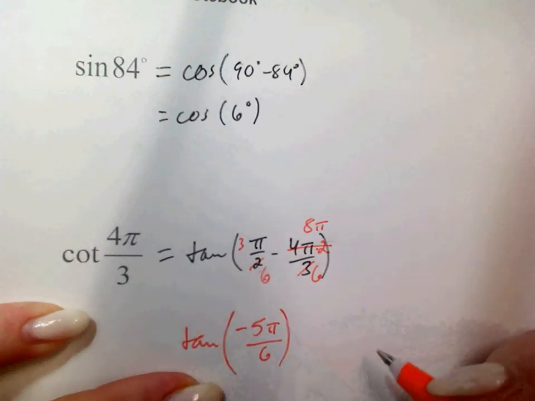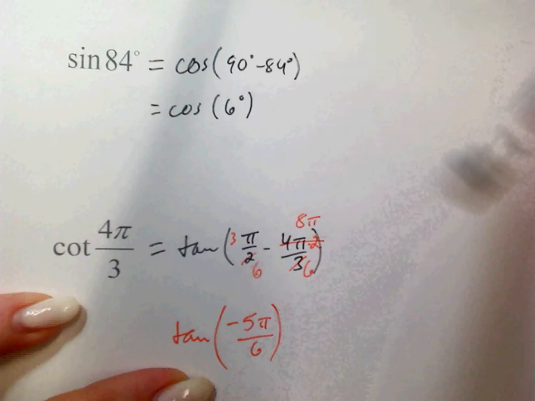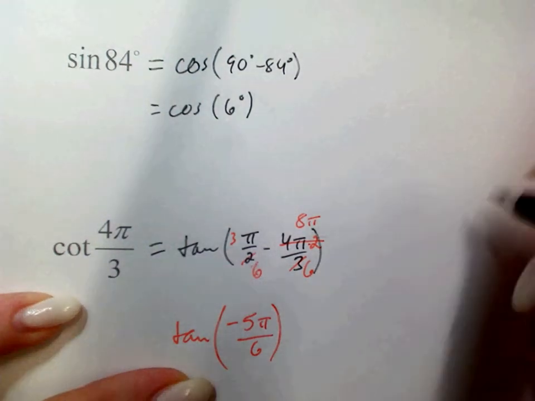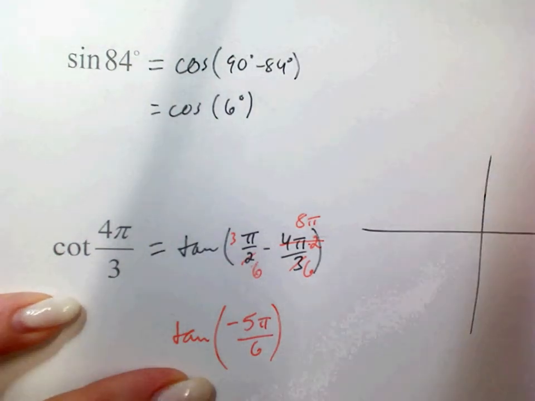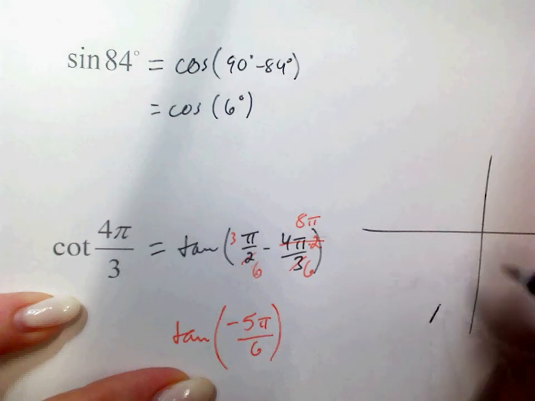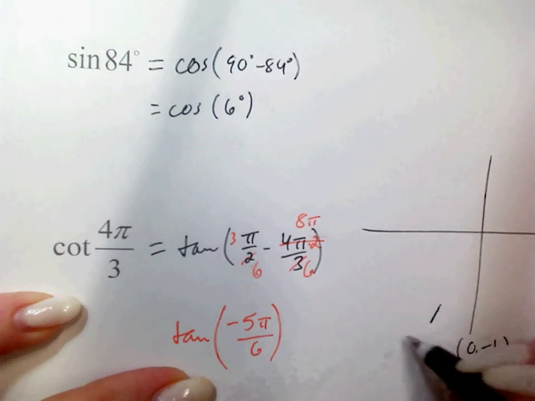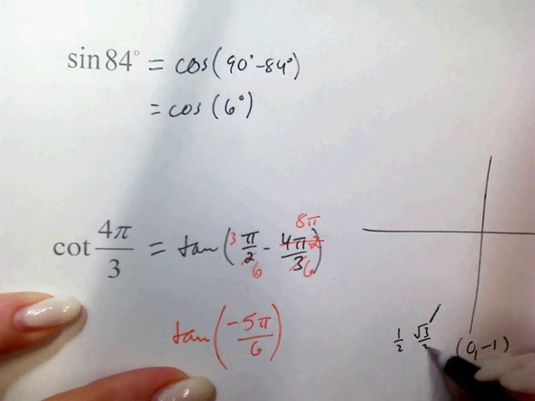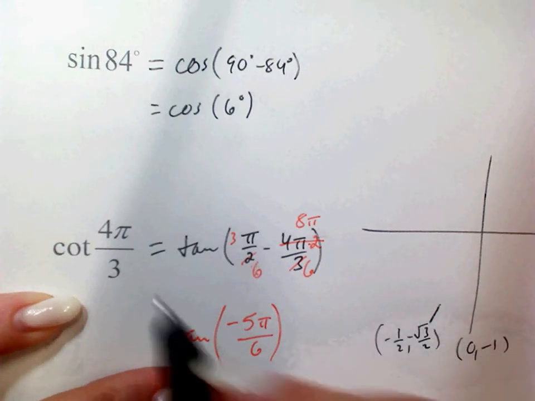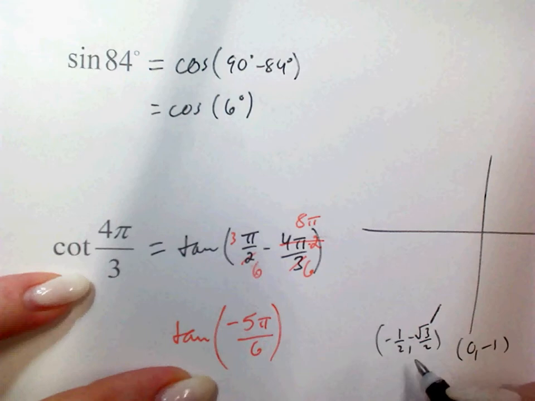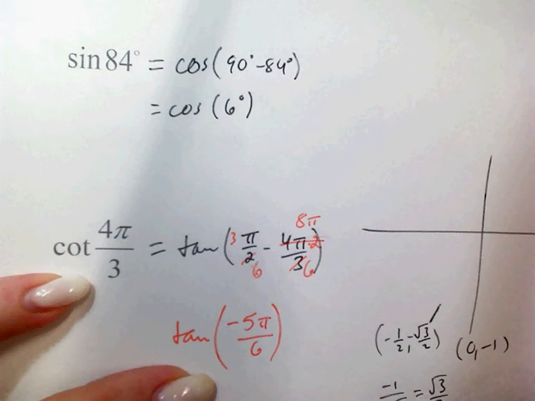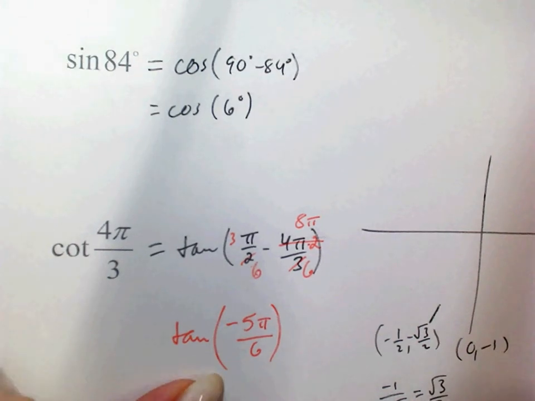Now, to prove that, if you look at your unit circle, 4/3 pi is right here. And so if this coordinate point is negative 1/2 and negative square root of 3 over 2, they're both negative. Cotangent is cosine over sine. So it'd be negative 1 over negative root 3, or root 3 over 3. Now this is talking about tangent of negative 5 pi over 6.